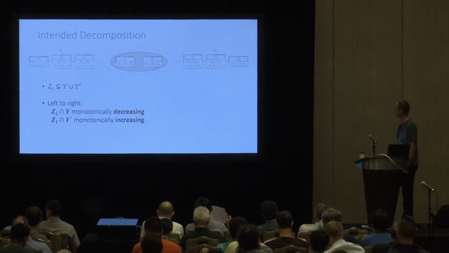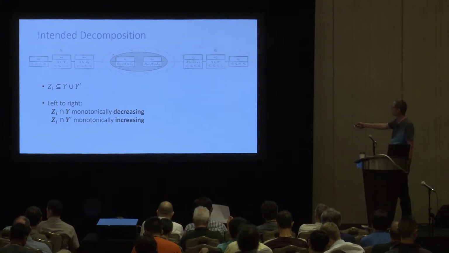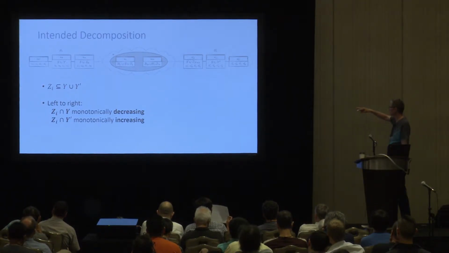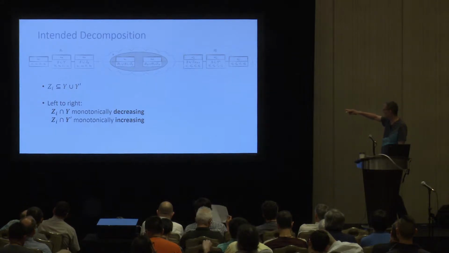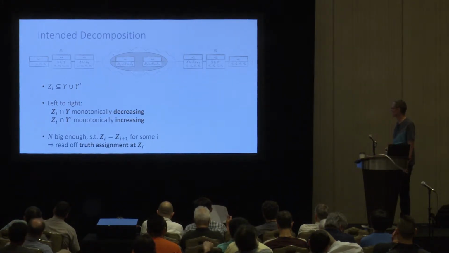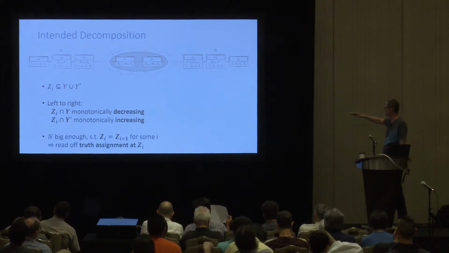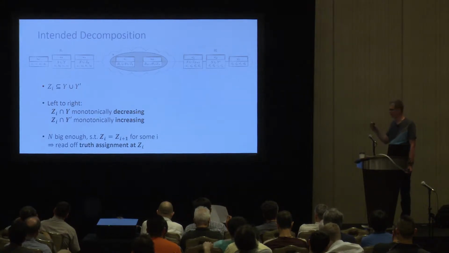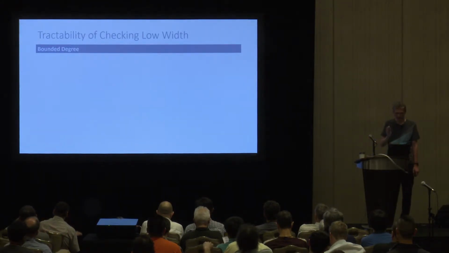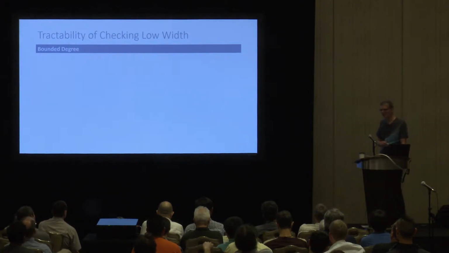By the connectedness condition, it's clear that from left to right, the set of unprimed Y variables contained in the Zi must be decreasing, and the set of primed Y variables must be increasing. And by choosing n big enough, we get some point where Zi and Zi plus 1 are equal. At that point, we can read off the truth assignment. Actually, I took a bit too much time for the negative result.